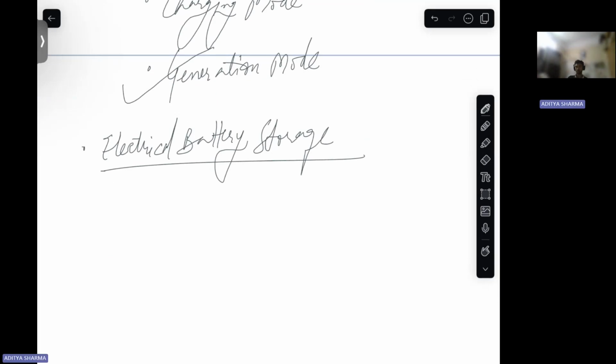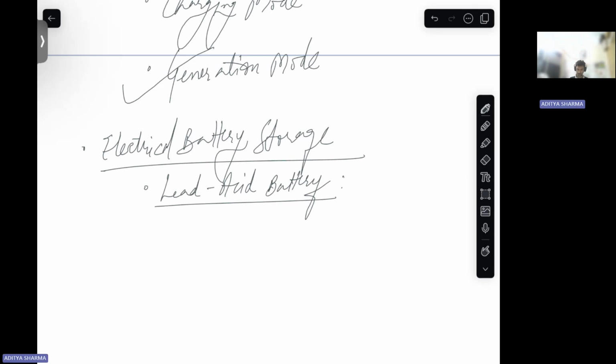So what happens in your electrical battery storage system? So lead acid batteries have been discussed.